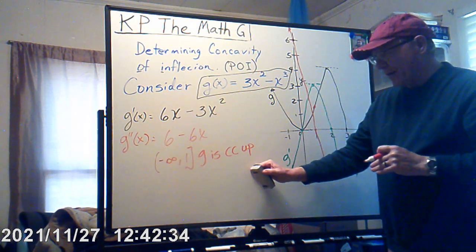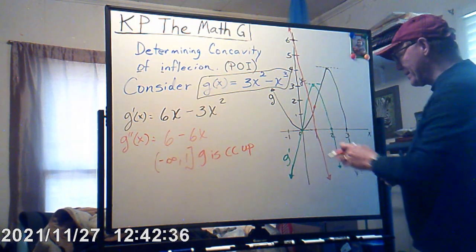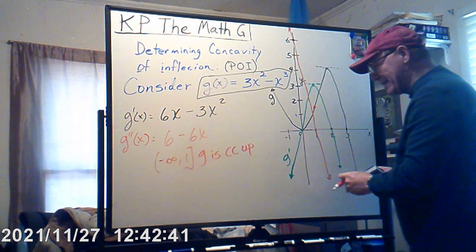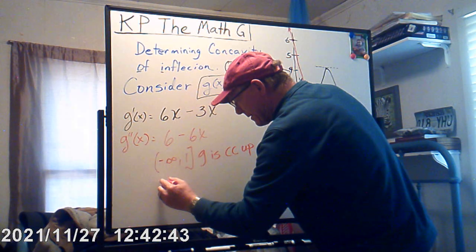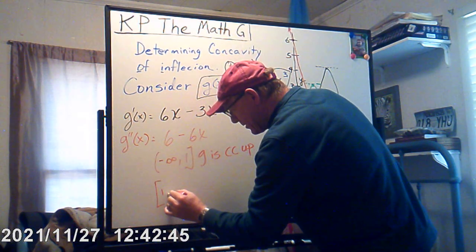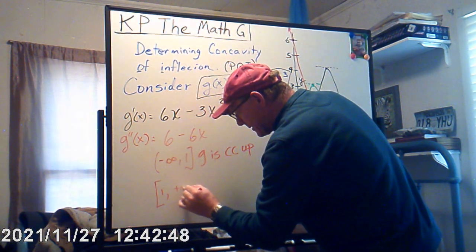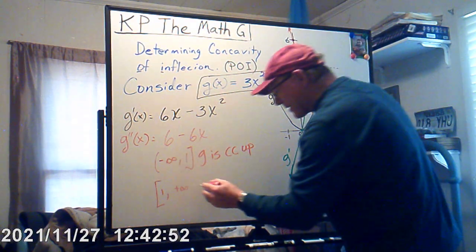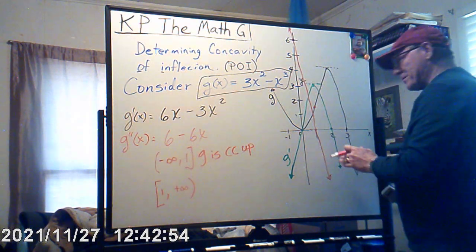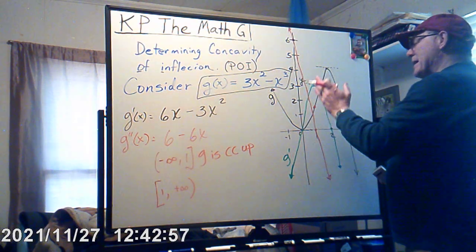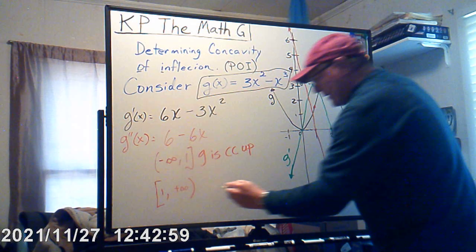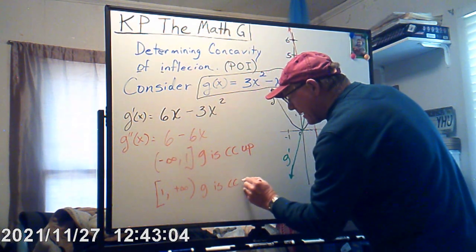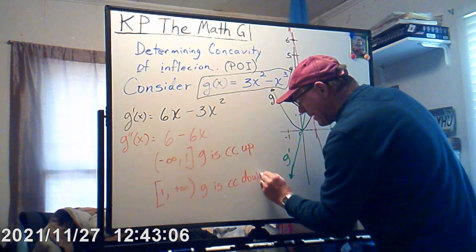Concave up here. Alright, if you notice after x is 1, we get below the x-axis. So from 1 to positive infinity, we are going in the positive infinity direction, and I hope I did put positive infinity on the last one. G is concave down, and that makes sense.